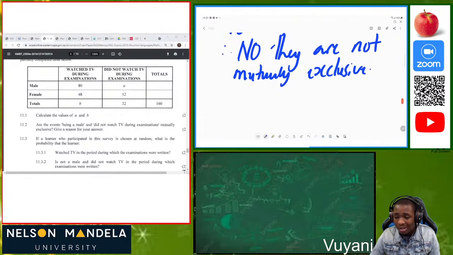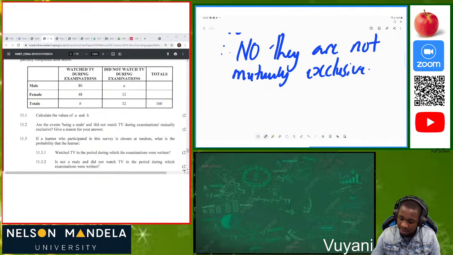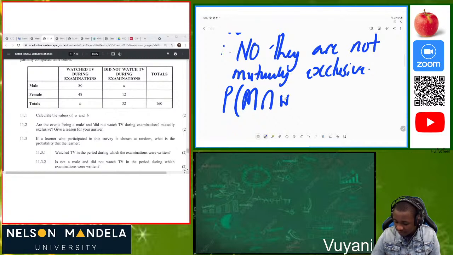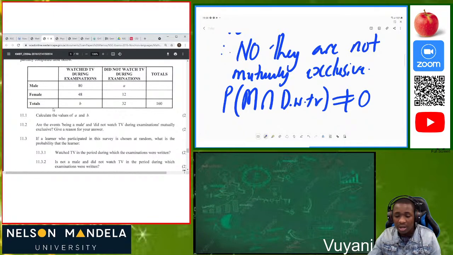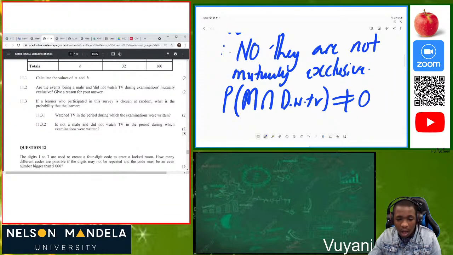It is because the probability of being a male and did not watch TV is not equivalent to 0. In order for them to be mutually exclusive, they must give you 0. So if they are not equal to 0, it means they are not mutually exclusive. Okay, now let's look at 11.1.3 here.